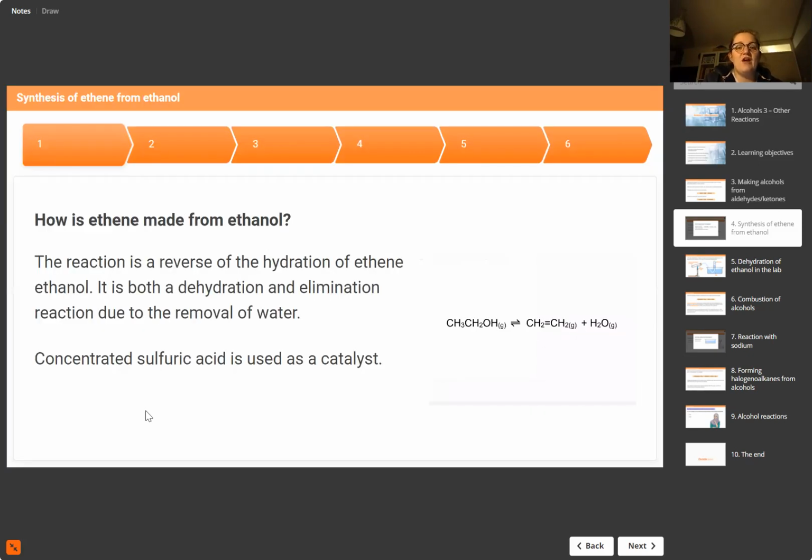So it's a reverse reaction of the hydration of ethene. Basically it's a dehydration and an elimination reaction due to our removal of water. Concentrated sulfuric acid is going to be used as our catalyst in this situation. It's going to take place at a temperature of 450 Kelvin, exactly the same as before.